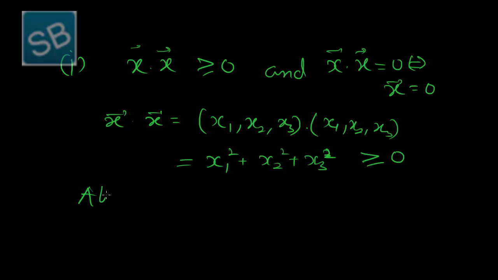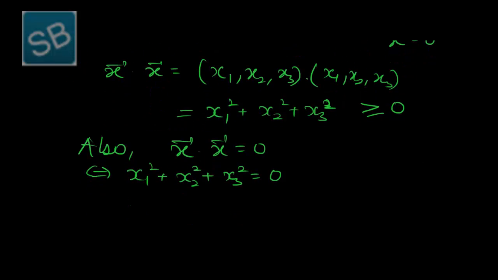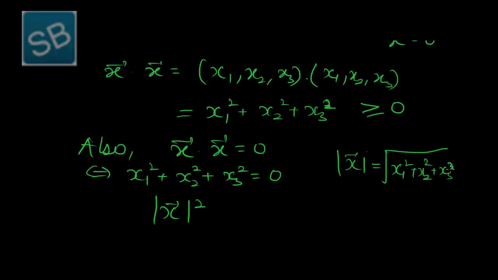And also, x dot x is equal to 0 implies x1 square plus x2 square plus x3 square is equal to 0. That is, this is the modulus of x whole square, because modulus of x is under root x1 square plus x2 square plus x3 square.